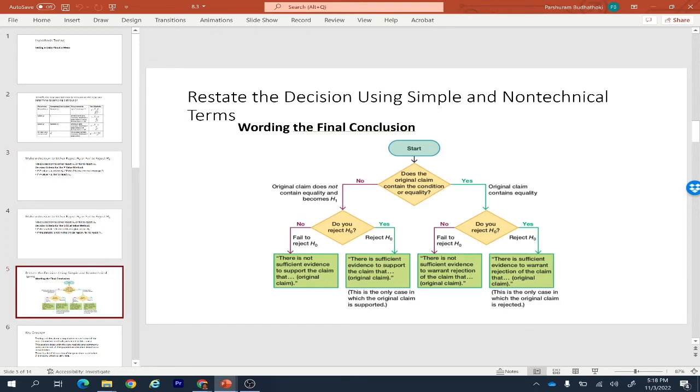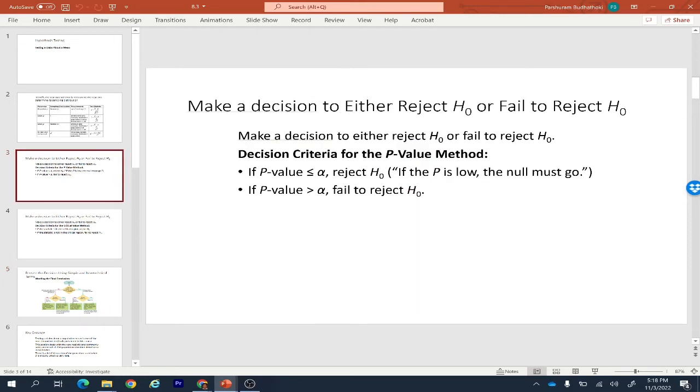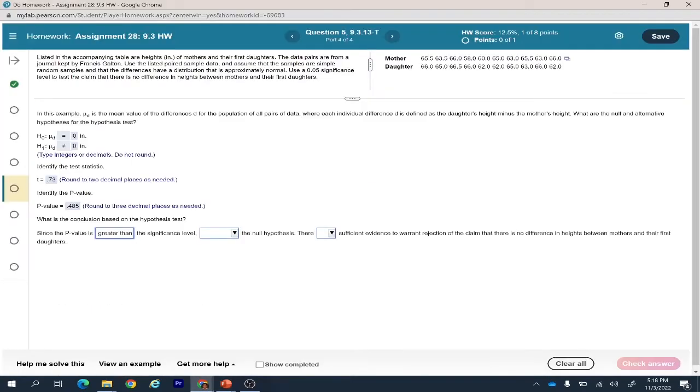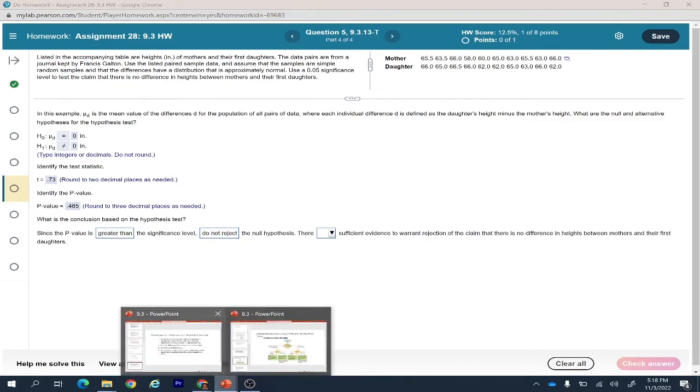Does the original claim contain the condition of equality? Yes. And then do you reject the null hypothesis? According to this, fail to reject the null hypothesis. So this would be our conclusion. There is sufficient evidence to warrant rejection of the claim. So we go back here. Since the p-value is greater than the significance level, fail to reject, meaning do not reject the null hypothesis.